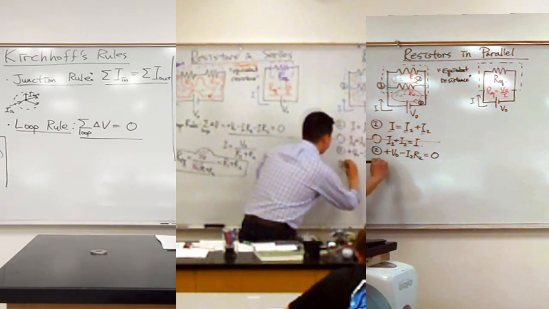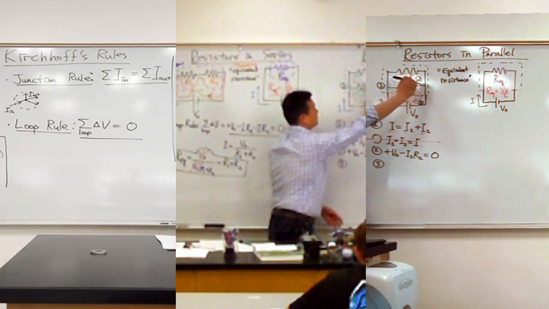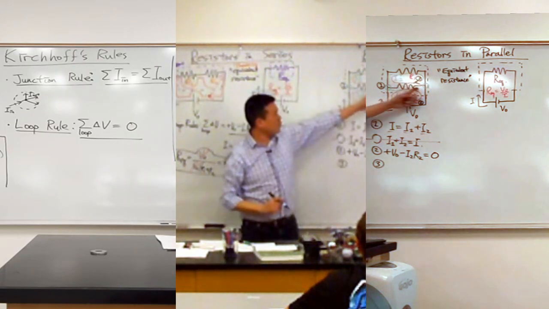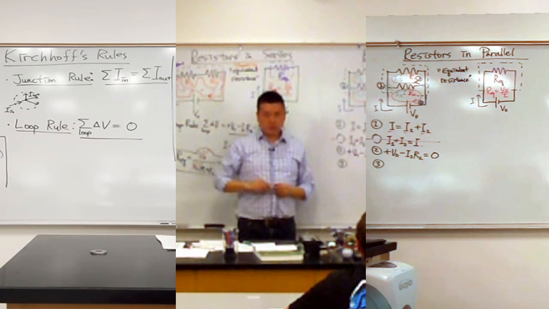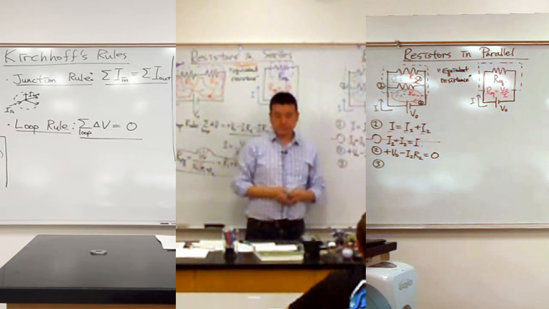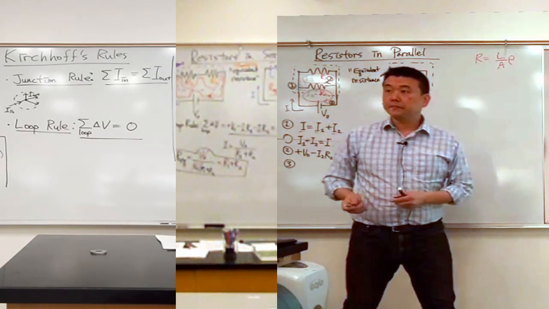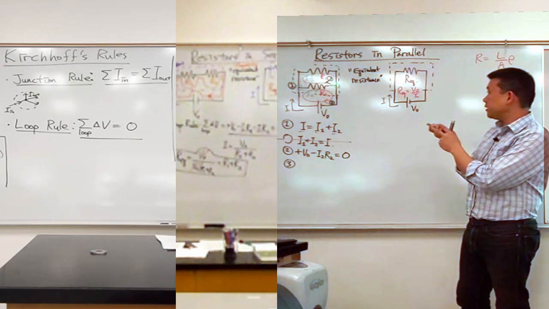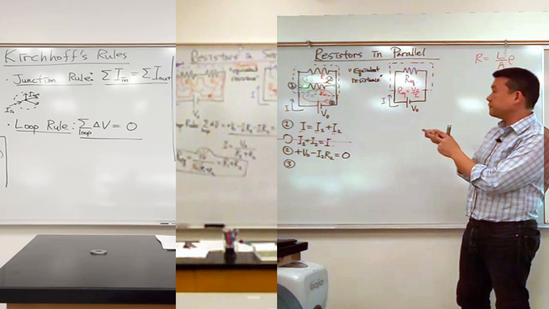The loop number 3. So I start at this point. As I go across this resistor, does my voltage increase or decrease? So I start at this point here, and I go across this resistor from right to left.